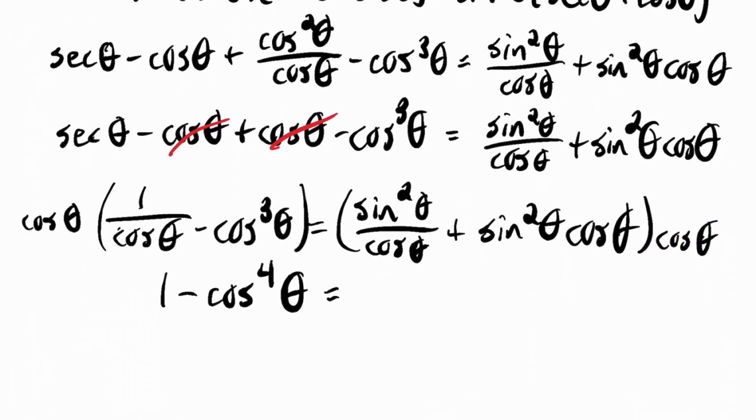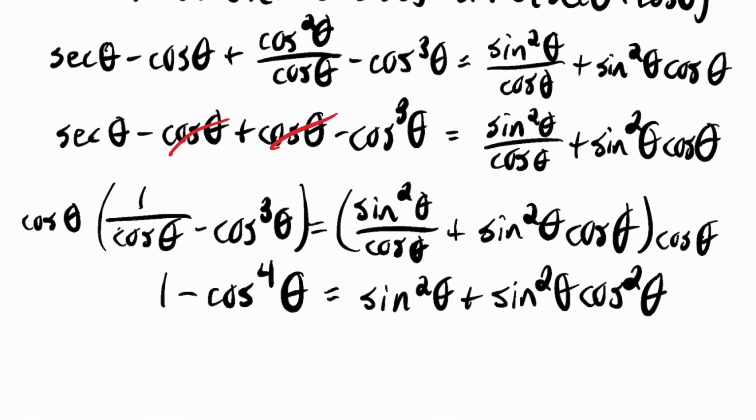This is starting to work out. I like where this is going. Sine squared theta plus sine squared theta cosine squared theta. This might not look good, but this is actually fine. This 4 doesn't worry me as much anymore.